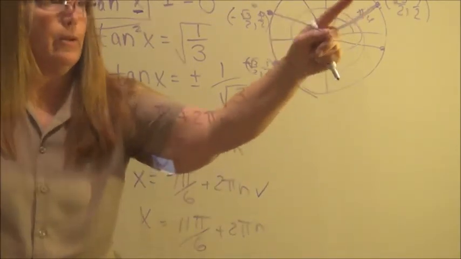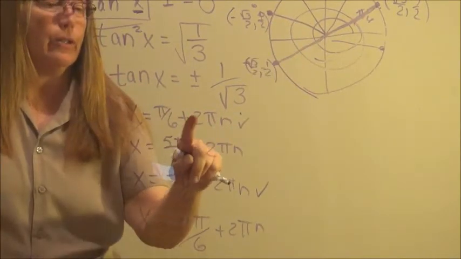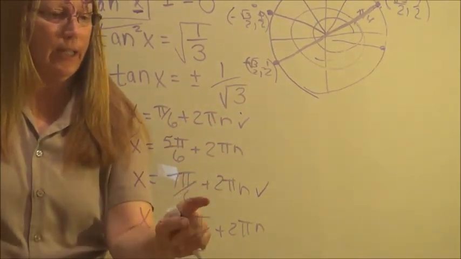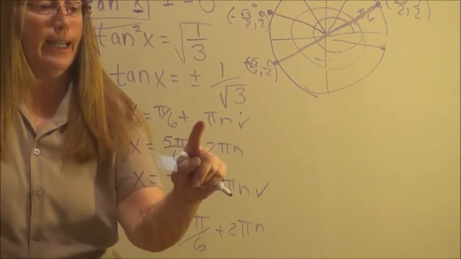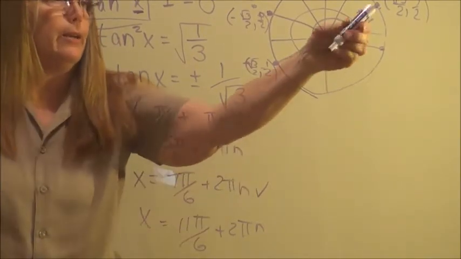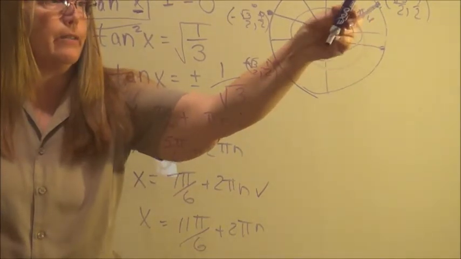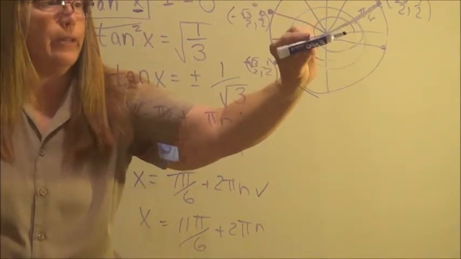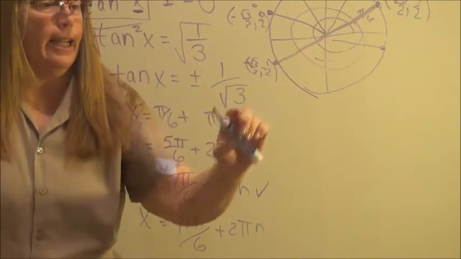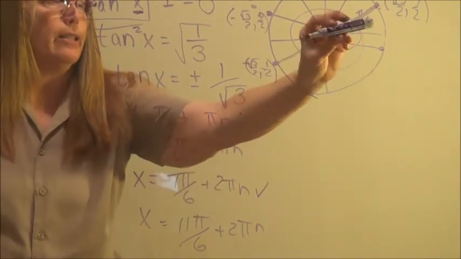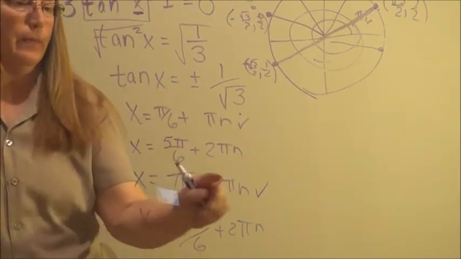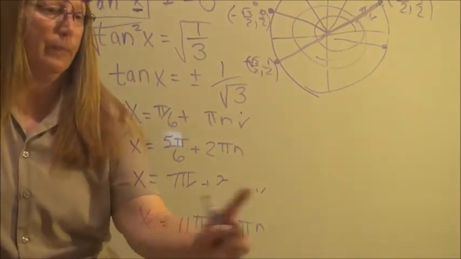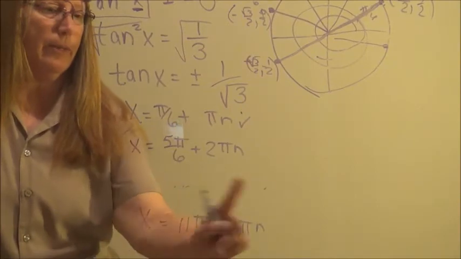It's not 1 whole circle away, but half a circle. So we could catch this one with this expression and say plus pi n. You see how that would take this one at pi over 6 and rotate it half a circle. Then we grab that one. And that n will have us keep grabbing the rest of the spinning ones. So this one will take care of this one, so we don't have to write it anymore.